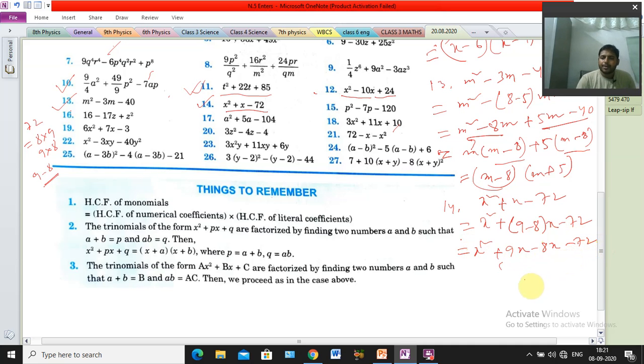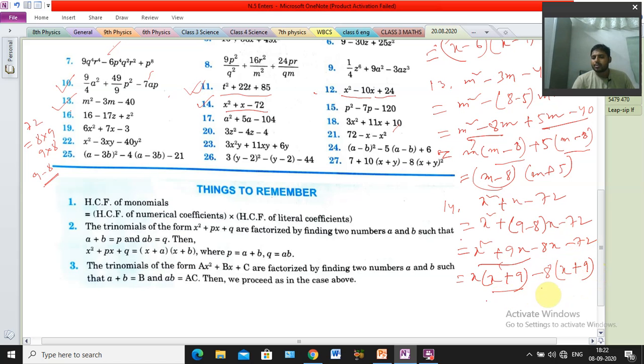Clear? Next, take common from the first two terms. x is common, so x will remain and 9 will come. From the last two terms, minus 8 is common, so x will remain and plus 9 will come, because with minus 8 common taken, from the third term x will come, and minus 72 by minus 8 means 9 will come.